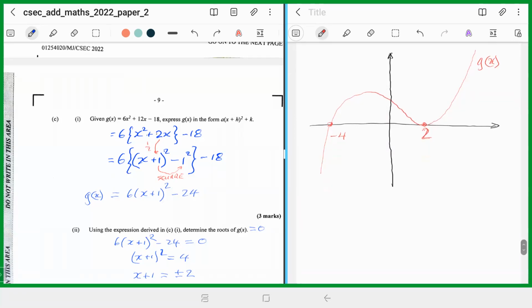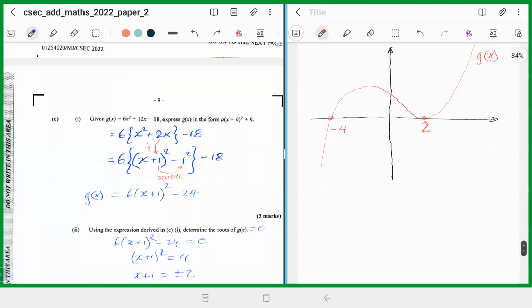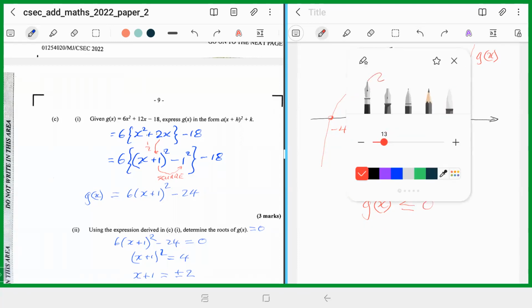Now I want the solution for g of x less than or equal to 0. That's what I want. What part of the graph is this inequality referring to?